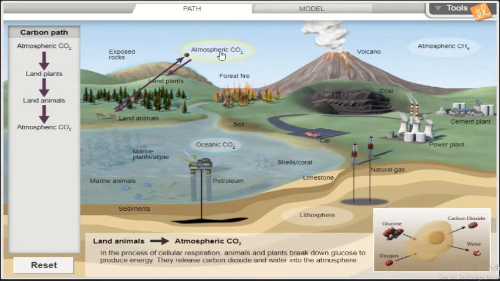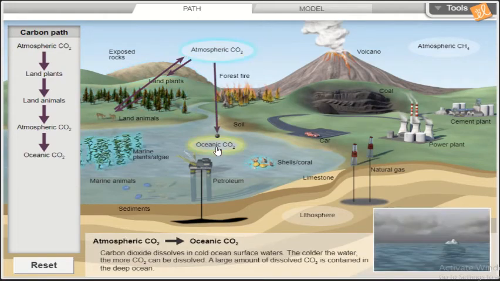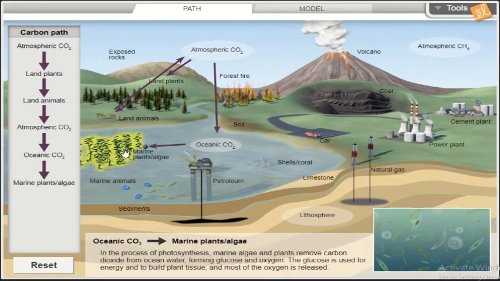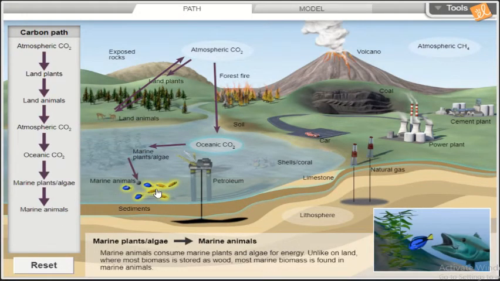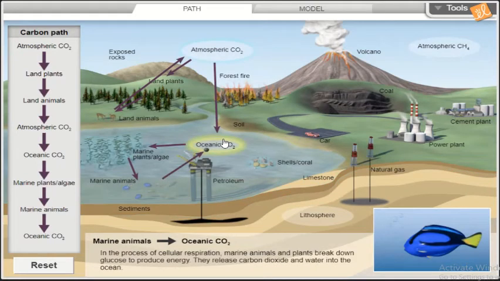This carbon dioxide found in the air can be taken by the water. Okay? And the plants found in the water use this carbon dioxide for photosynthesis. They go through photosynthesis, they release oxygen. Animals breathe in this oxygen and they release carbon dioxide in the water. This carbon dioxide can pass through the air.